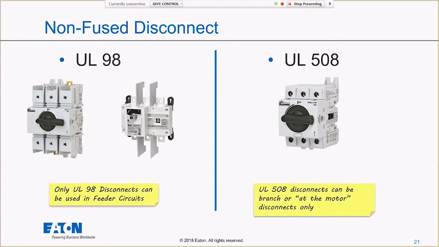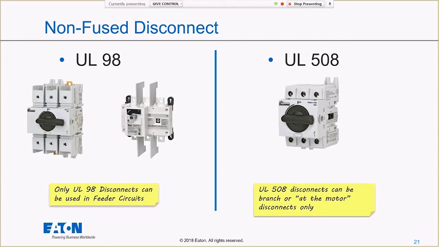So I see a lot of UL508 disconnects used as main disconnects. There are multiple manufacturers of these, and I see everybody's. People love these because they're tiny and inexpensive, but they're tiny and inexpensive because they have a limited use.